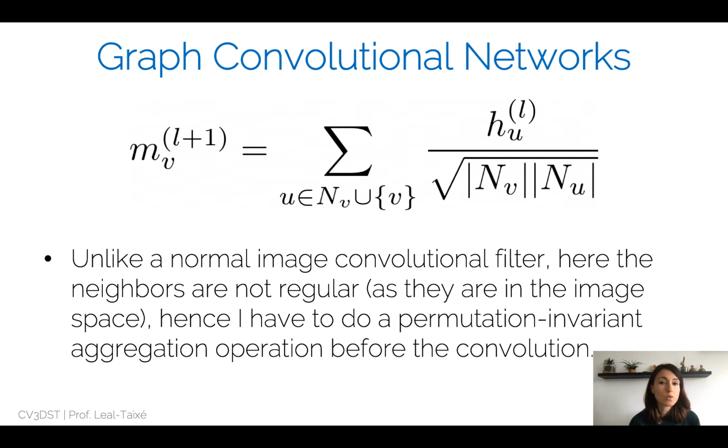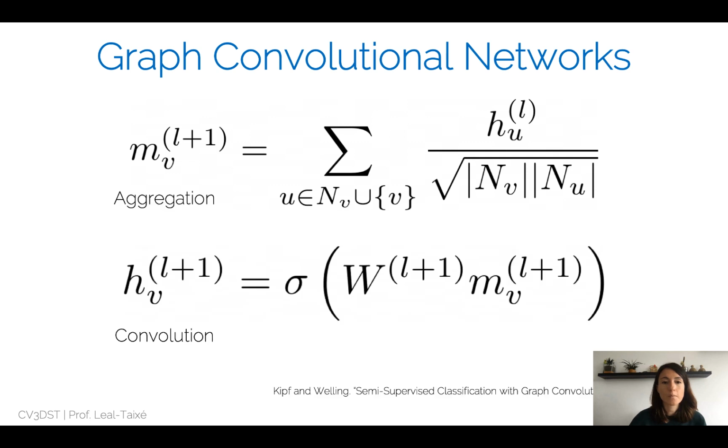So what I first have to do in order to apply a convolution type of operation is this aggregation step, a permutation invariant operation, so that then I can apply my set of weights to a certain specific embedding size. So again, the operation is first the aggregation of information, which allows us to deal with any number of connections. And the second is an operation that mimics the convolution operation.